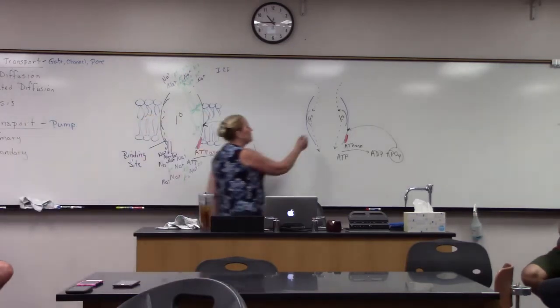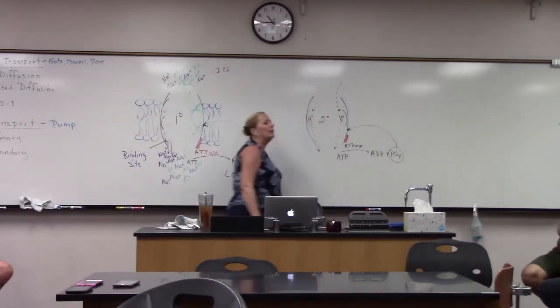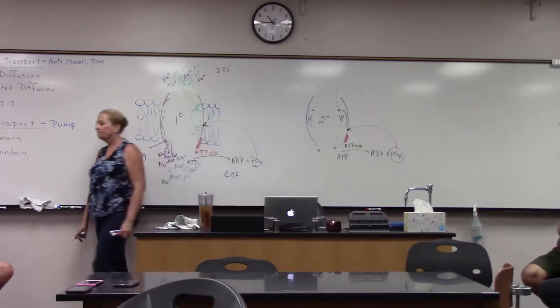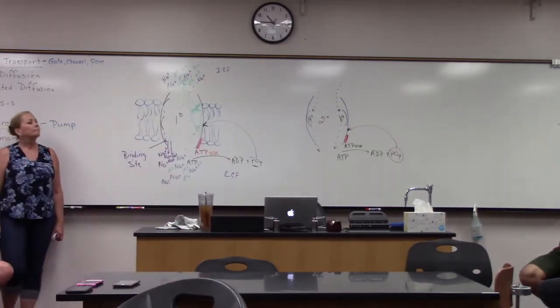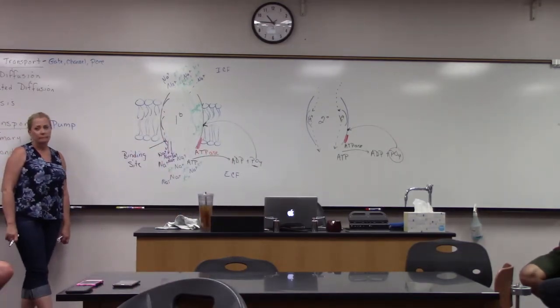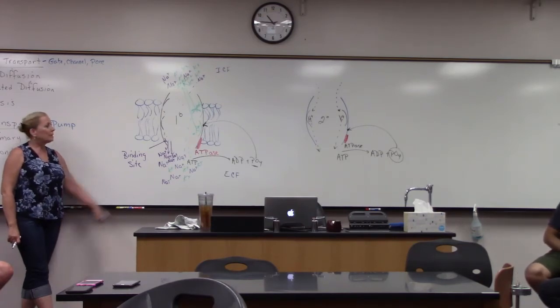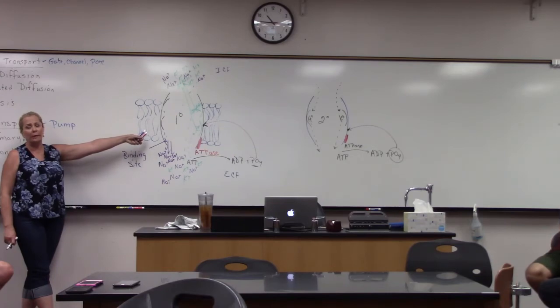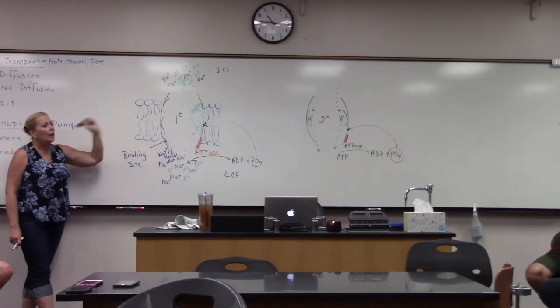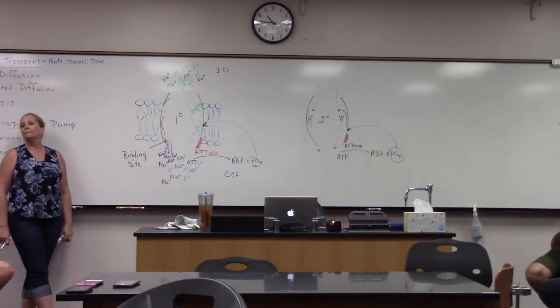So this would be considered a secondary active transport pump. So basically, same type of thing has happened as with primary, just there we pushed sodium first and then potassium second.